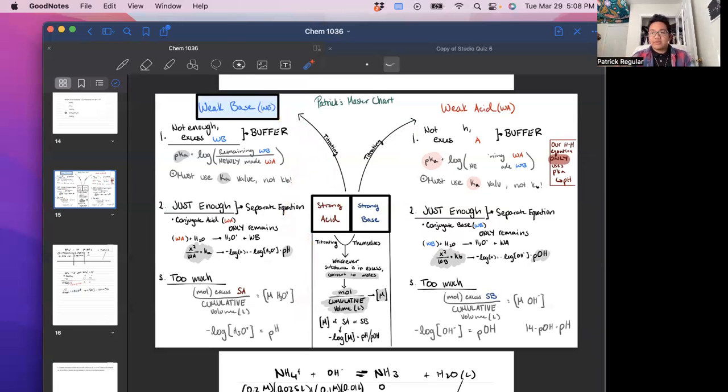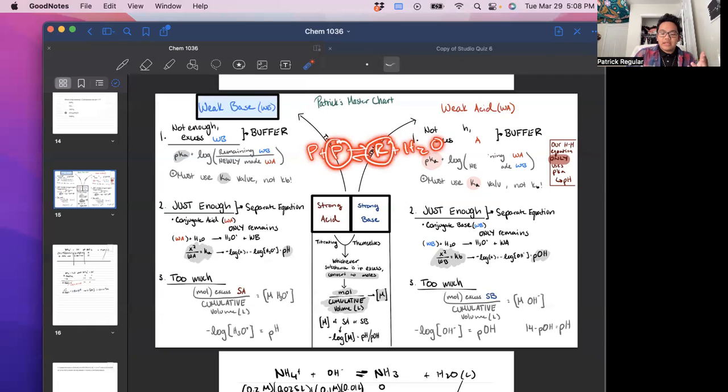So you draw the ice table, and you notice there's not enough strong acid to titrate the weak base. If there's not enough strong acid to titrate the weak base, there's excess weak base. Well, if there's excess weak base, so in terms of reactant plus H2O, there's still your initial part, which is your weak base, because that was in excess.